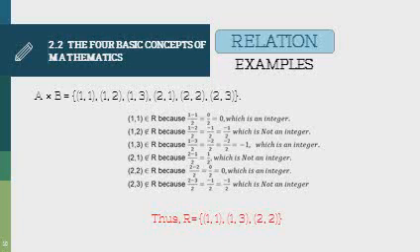Thus, conclusion tayo. The elements of R are (1,1), (1,3), and (2,2). So para tayo nasa set builder notation kung sa sets na tinatawag natin.